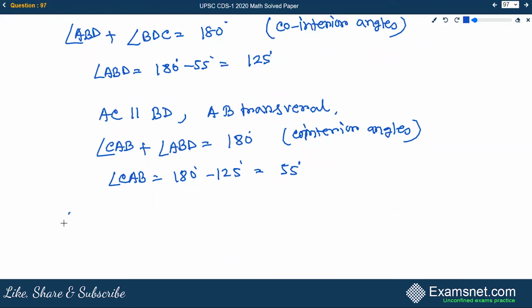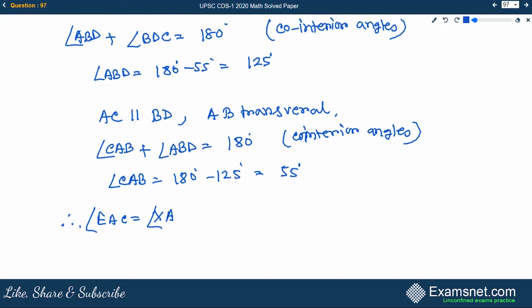And also we know angle EAC equals angle HAT.